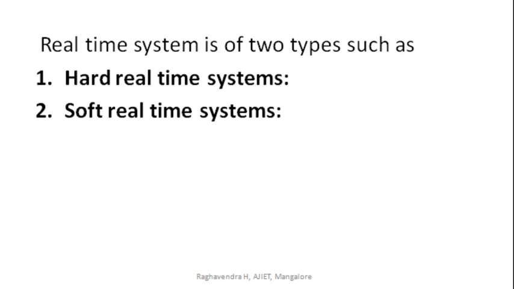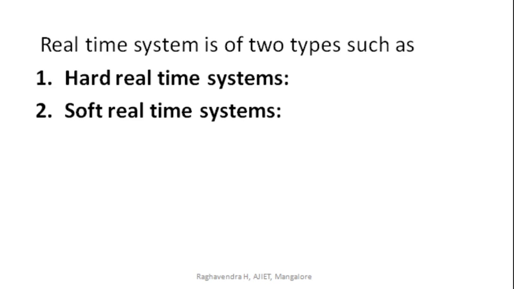If you are using this hard real-time system in our aeroplanes, and it is not responding immediately, then it is a big problem for us, right? But soft real-time, like a media system, if it is not working, it is okay, nothing will happen. So life is important. That is what we can understand from hard real-time and soft real-time.